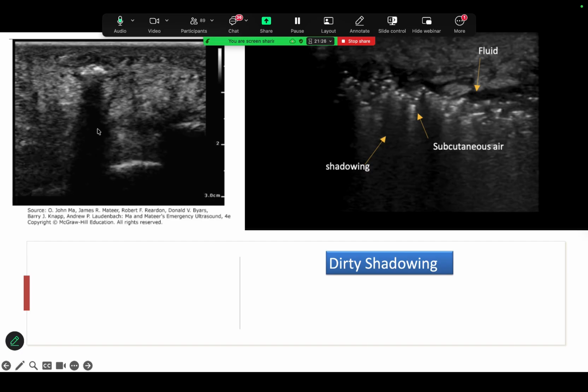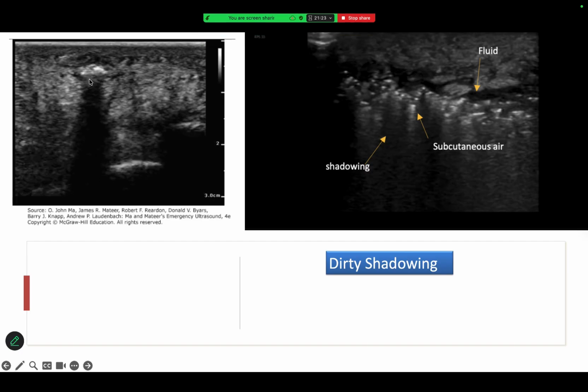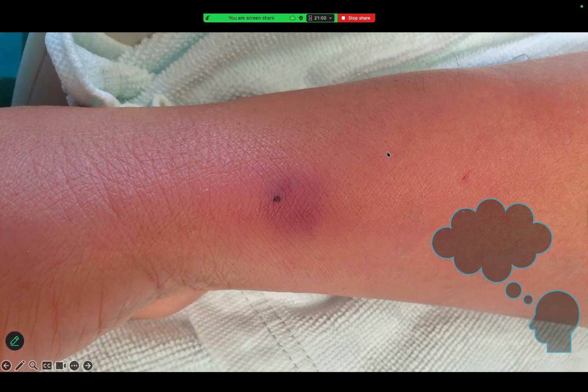But what is the difference between this shadow and this shadow? Here it is a very black and clear shadow, but here it is dirty shadowing. In this way, we can suspect necrotizing fasciitis. If you find this, immediately involve the surgeon, start antibiotics, and prevent a bad outcome.